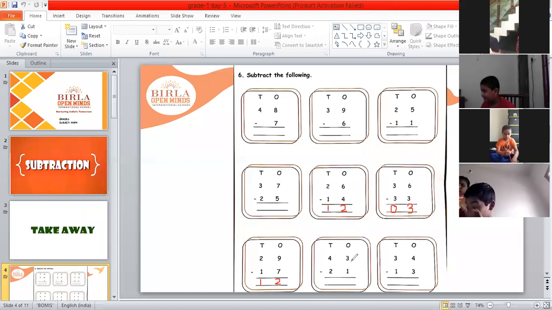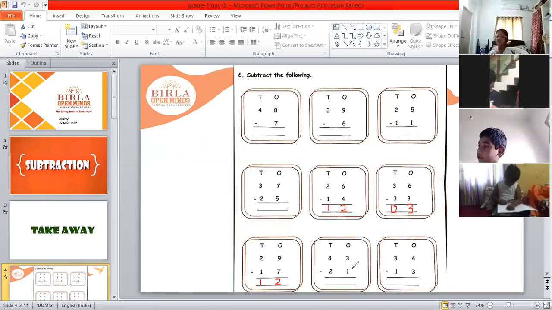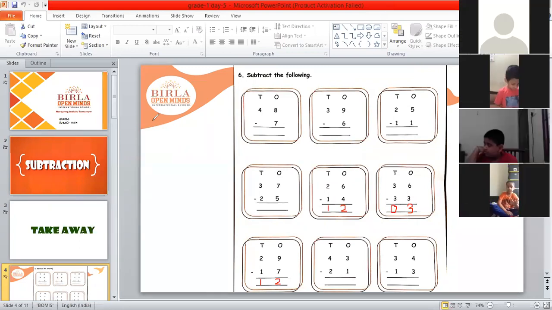Okay, that's fine. Now in ones place, Bhavashwat, numbers are 3 and 1. So how many fingers you will take out? 3. Now from these three fingers, remove one finger. Now how many fingers are left? 2 fingers are left now. Very good. So 3 minus 1 is 2. Okay, that's correct. Now tell me in tens place, what is the first number?